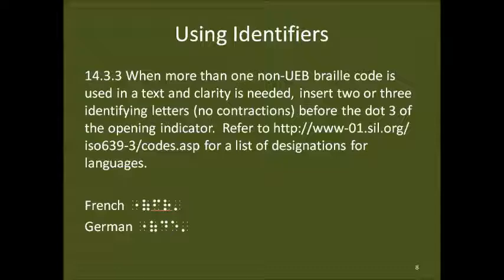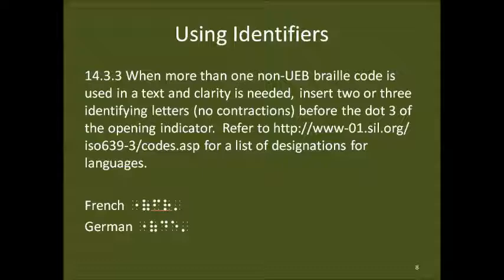And this is where that note about having the 2 components of the non-UEB passage indicator comes into play. So here is where we have French. We split up that indicator, dot 5, and then 1, 2, 3, 5, 6. Then we stick in our identifier, FR for French. We got that from the website. And then dot 3.